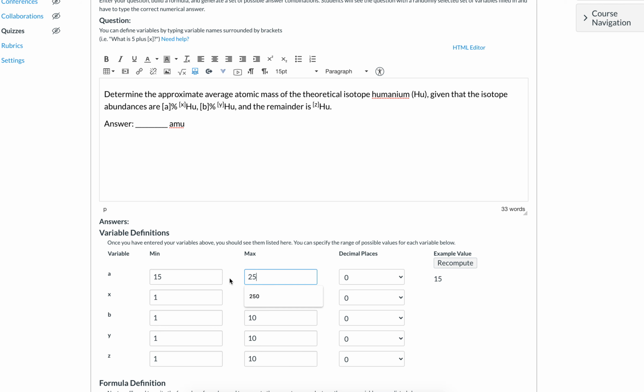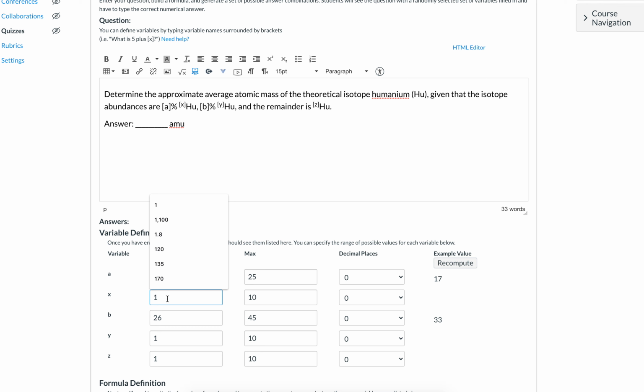It's important to watch your percentages. You don't want the sum to be over 100. For B, that might be between 26 and let's say 45%. And if you were to add up the maximum values, 25 and 45, that would give us 70%. And then that means the remaining 30 would go to the Z isotope.